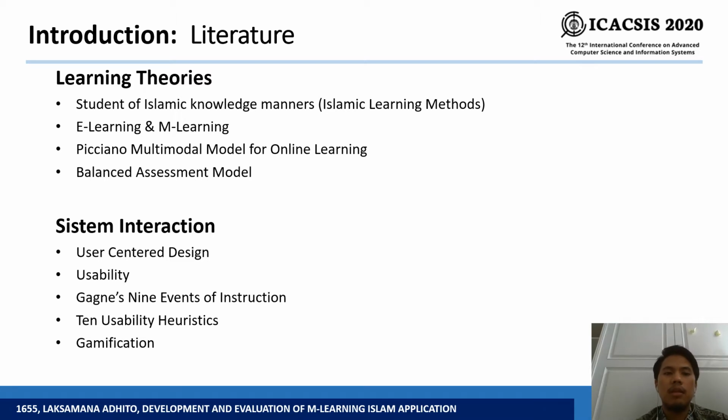And second is e-learning and M-learning. And third is Piscano multimodal model for online learning. And fourth is the balanced assessment model. And for the system interaction literature, there is user-centered design, usability, Gagne's events of instruction, then usability heuristic, and gamification.